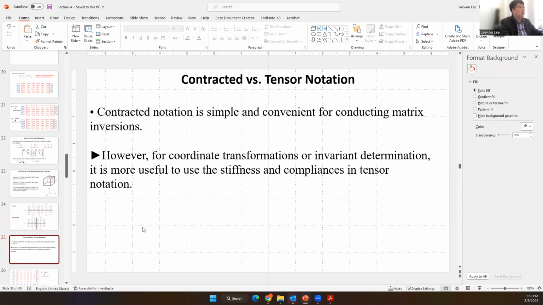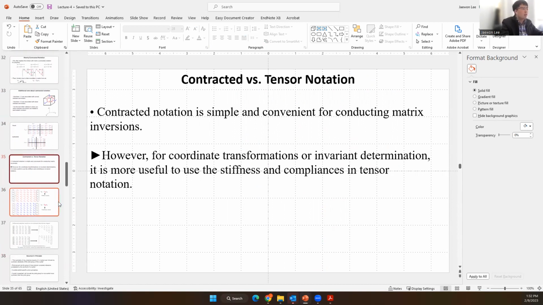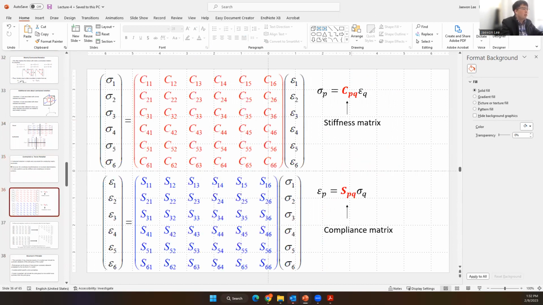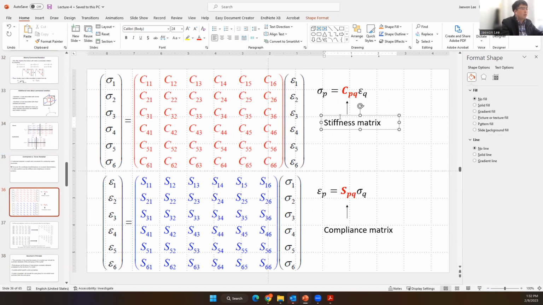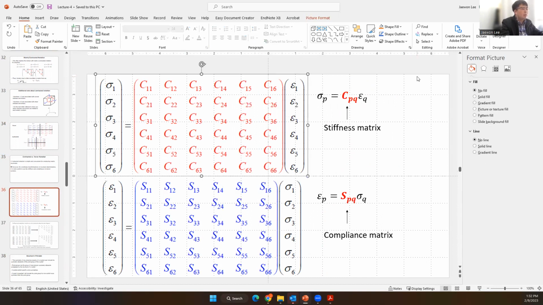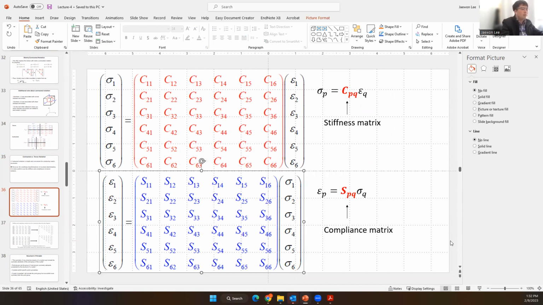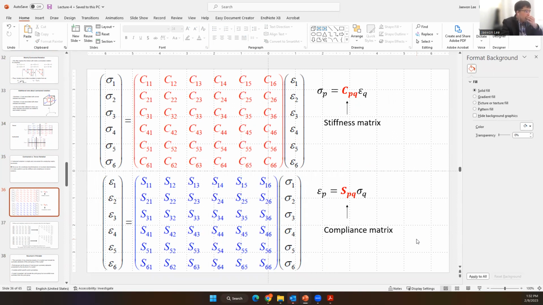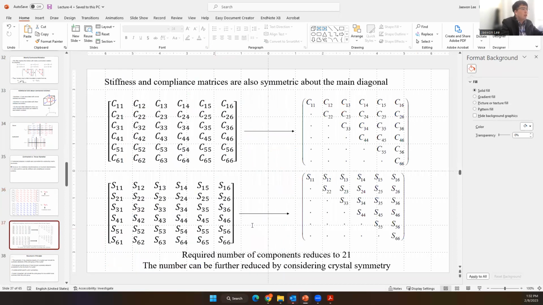Okay. So we can reduce the tensor rotations, then we can simplify the relation between the shear stress and shear strain like that.